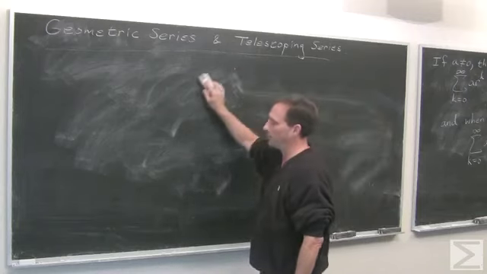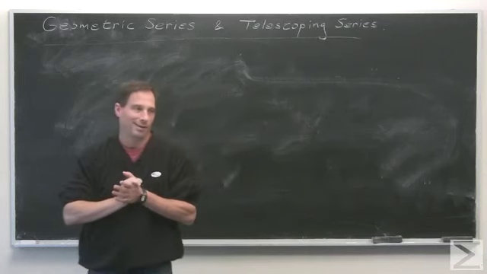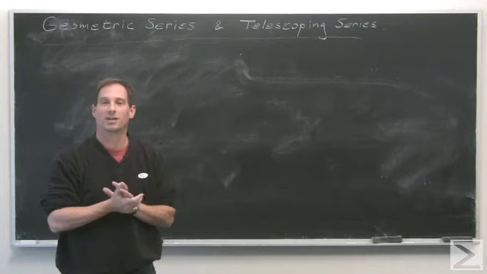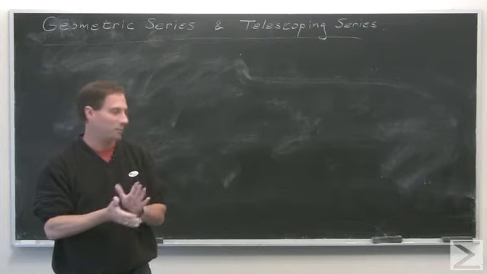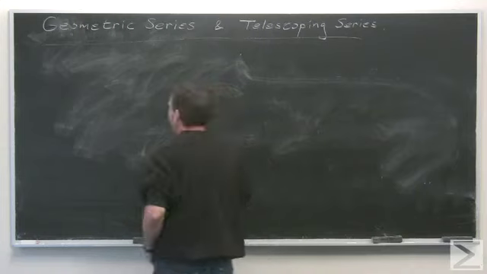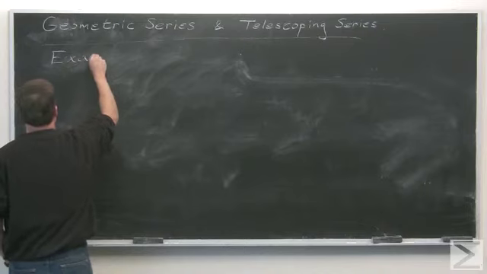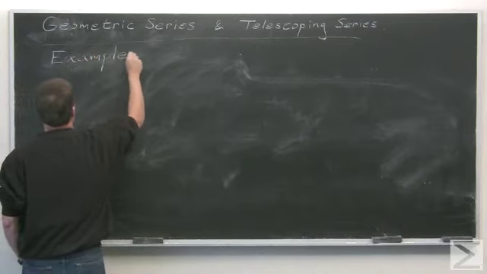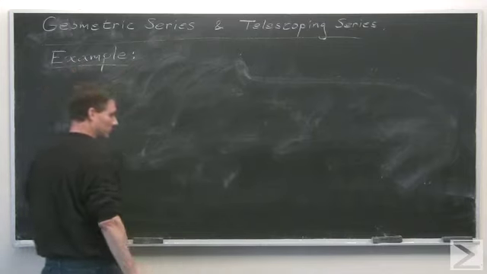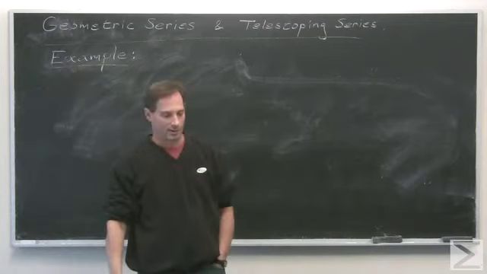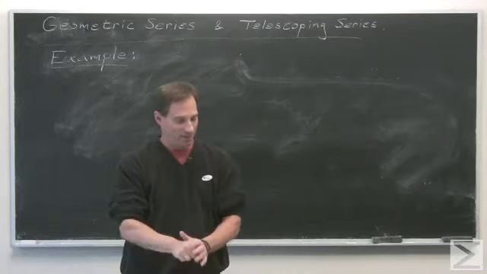Okay, so let's look at a fun example of geometric series that sort of occur in the real world. Almost real world examples; they're kind of idealized, fun math examples.